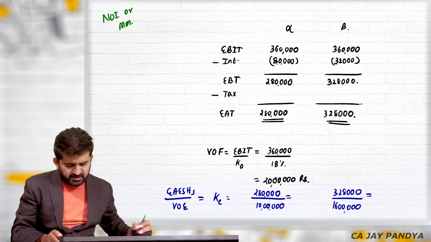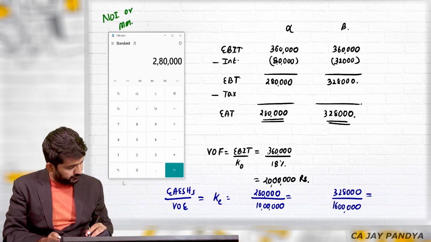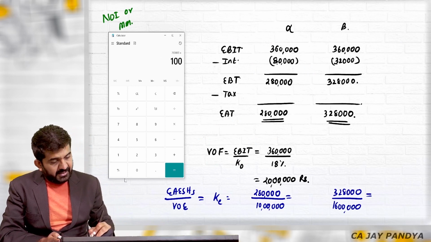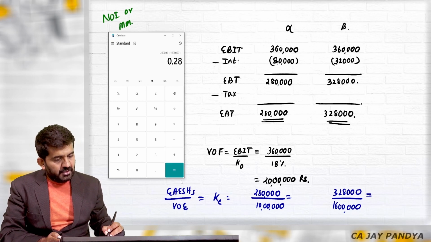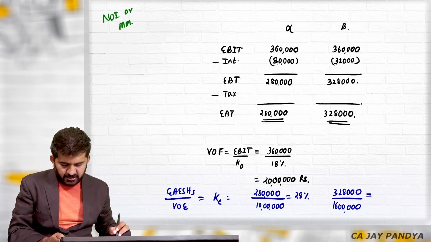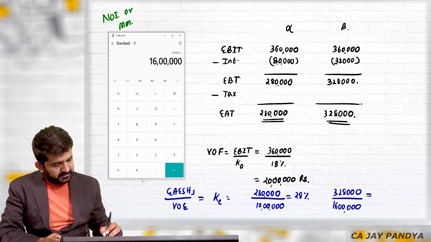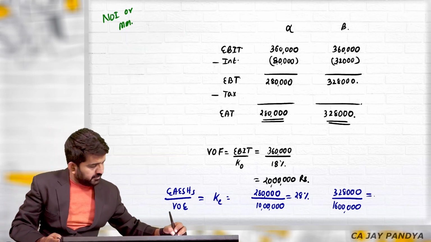Multiplied by 100, I will get the answer for KE. 2,80,000 divided by 10 lakhs is 28%. 3,28,000 divided by 16 lakhs is 20.5%.